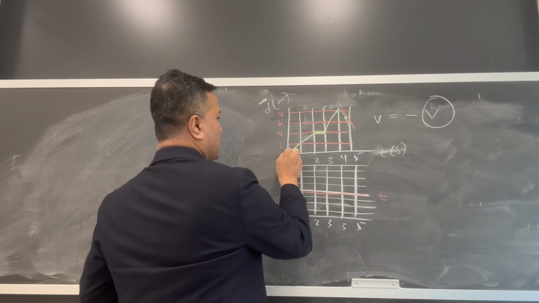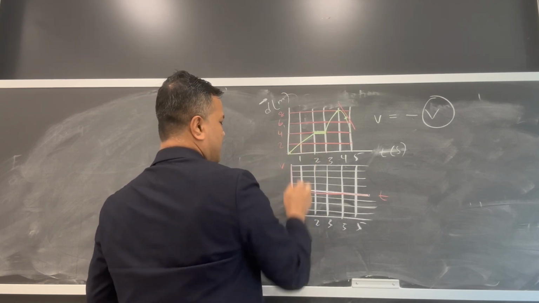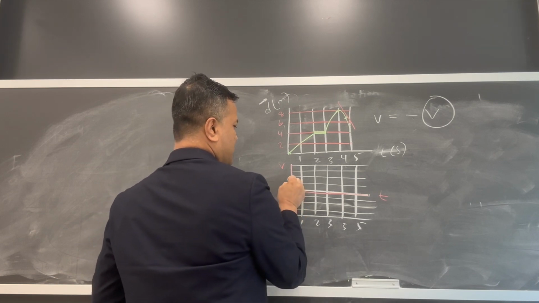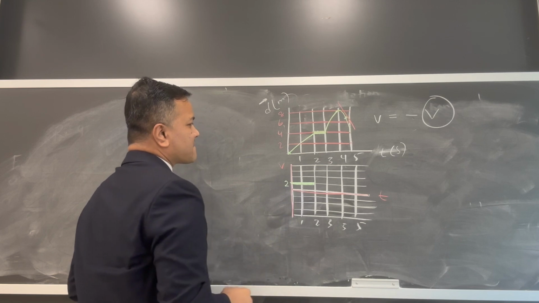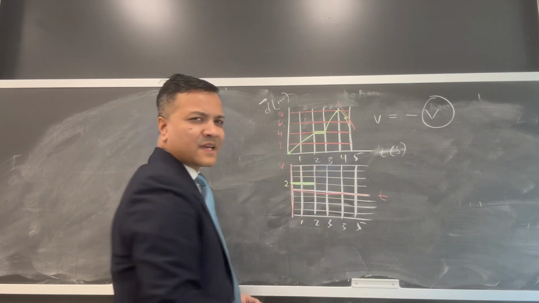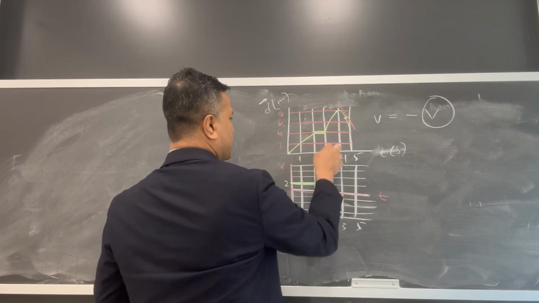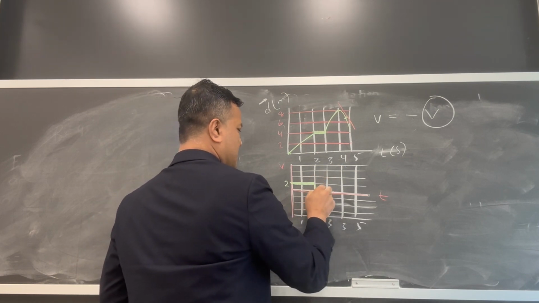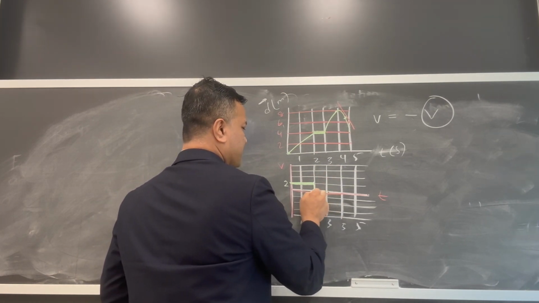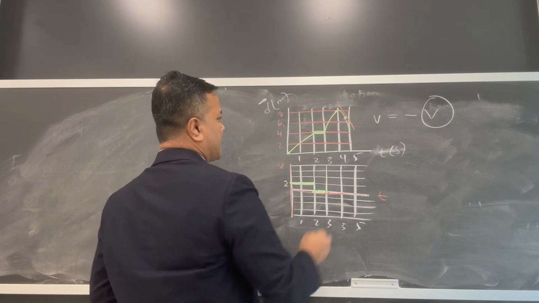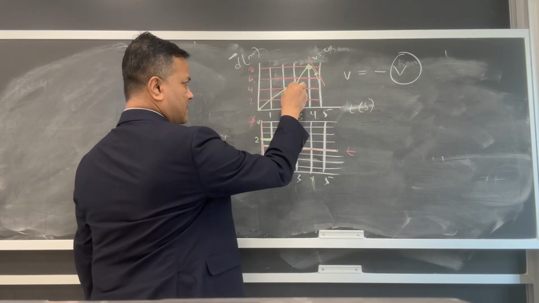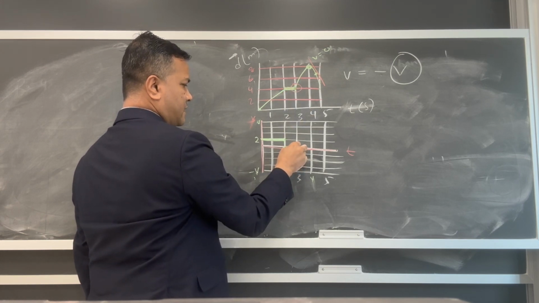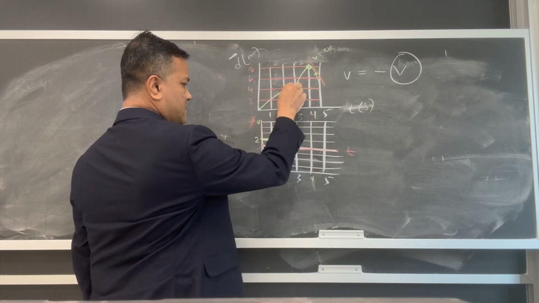Velocity from 1 to 2 seconds is 4 divided by 2, which is 2 meters per second. Let's put 2 over here. Velocity from 2 to 3 seconds would be 0 divided by 1, which is 0 meters per second. Velocity is 0 over here at 3 seconds.